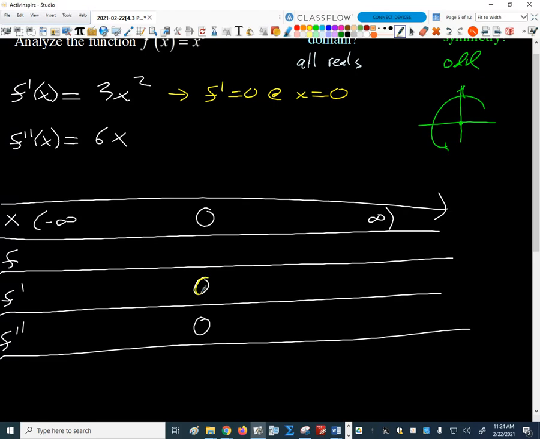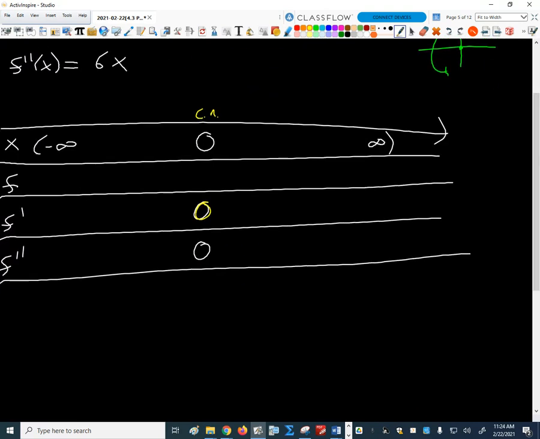We can't, because even though this is a critical number, it's also a 0 of the second derivative. So the second derivative test does not apply. If I'm only looking to see if this is an extremum, well, then I could apply the first derivative test, just like I did before. That's always going to work, right? Sometimes it's just a little more work.